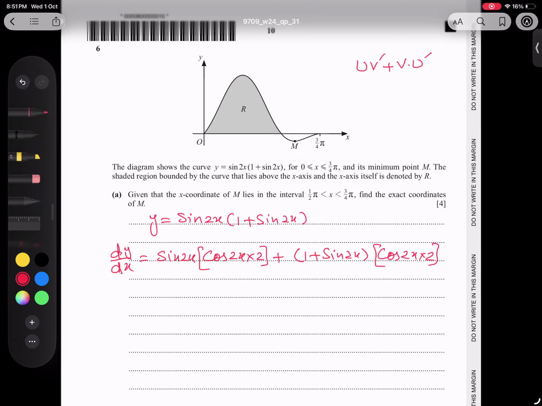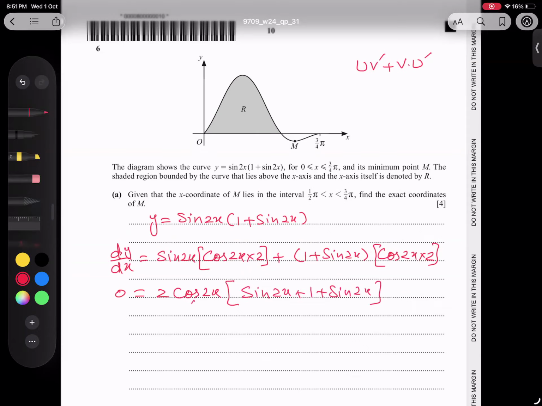As we are looking for a stationary point, I will set the derivative to 0 and try to take the maximum common factor out. You can see 2 cos double x is common. If I take 2 cos double x common, what is left is sine double x plus 1 plus sine double x.